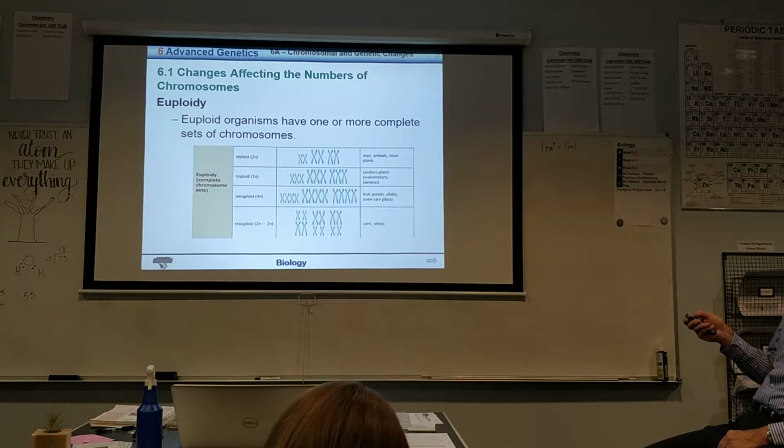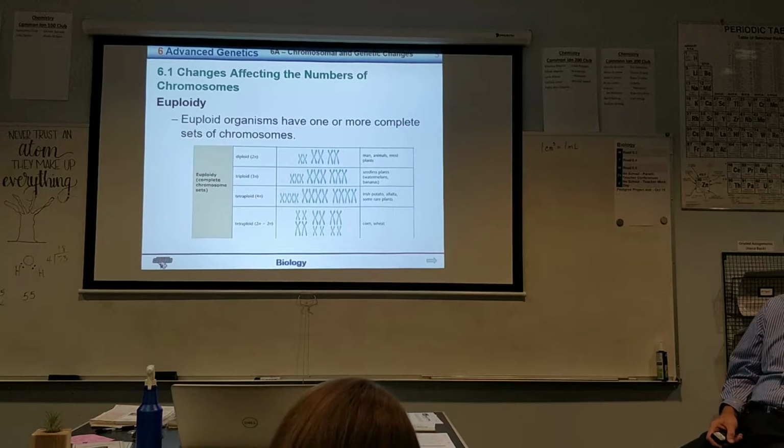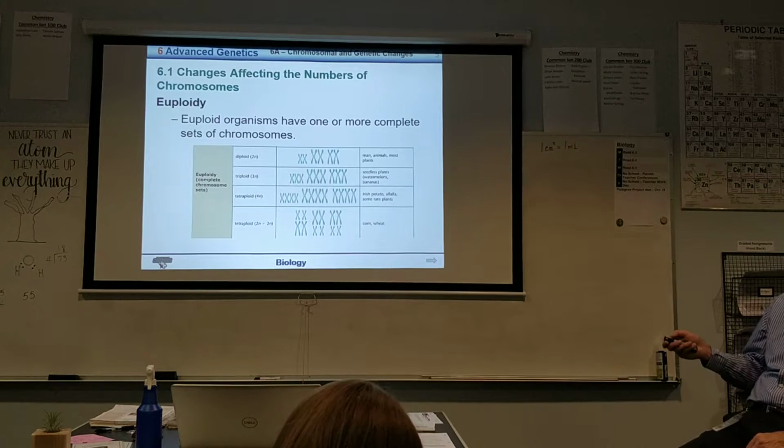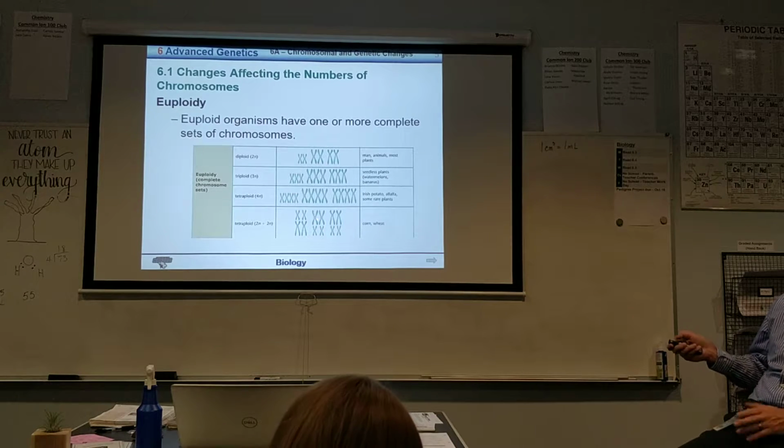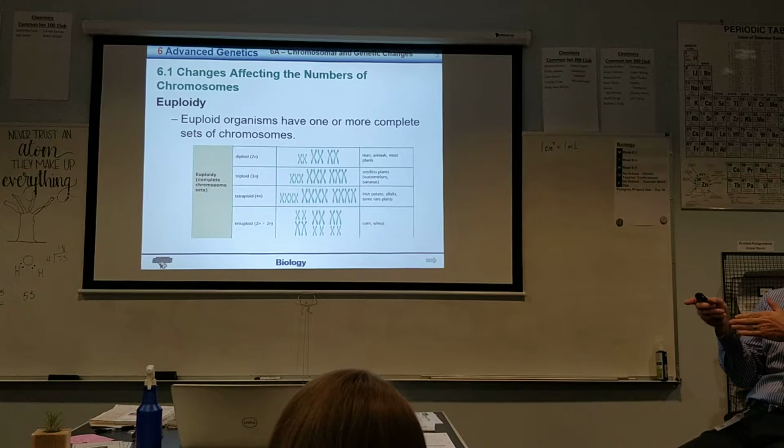Okay, now then we have another kind of tetraploid. They have 4 chromosomes, 4 times the normal N, but in these, they're not 4 of each kind.